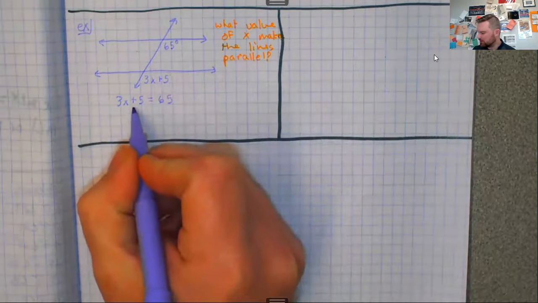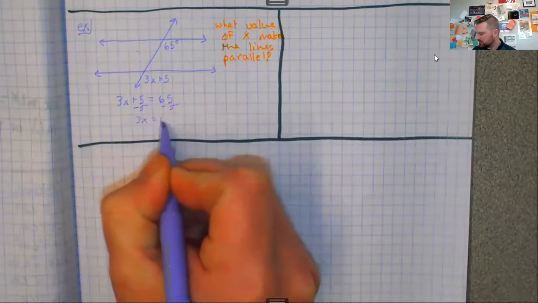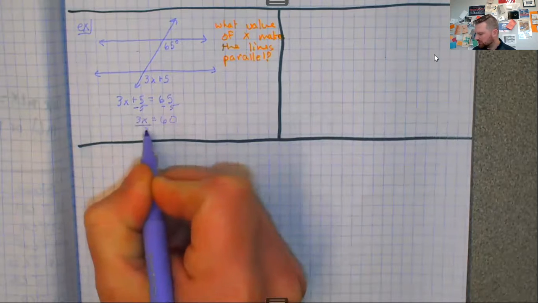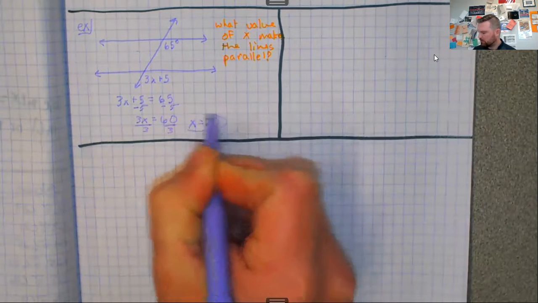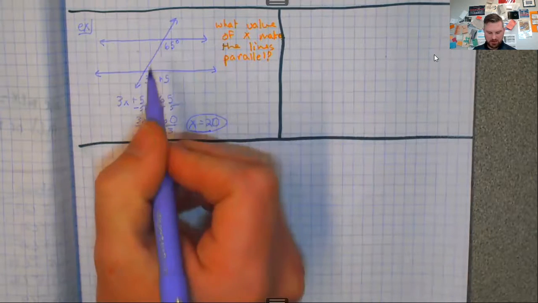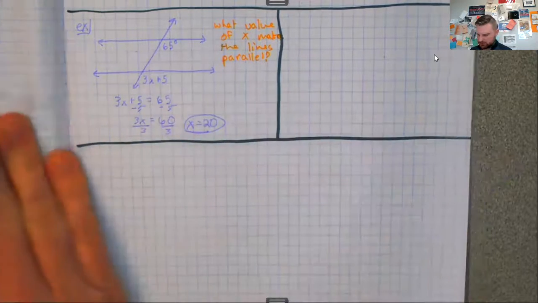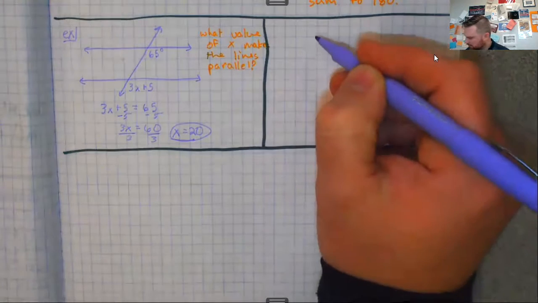So we're going to subtract 5. 3x equals 60, divide by 3, and x equals 20. So the only way that those lines are parallel is if x were to be 20.